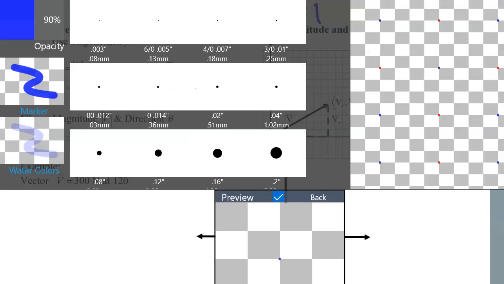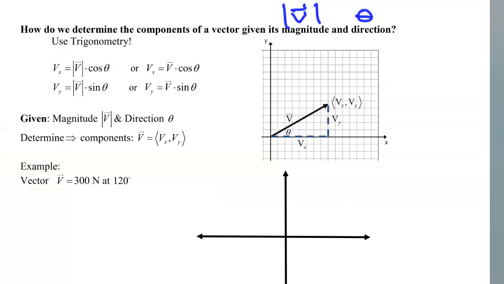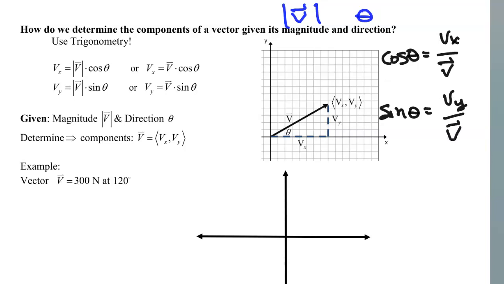Well, if we look at our picture, by trigonometry, cosine theta is equal to adjacent over hypotenuse, or from this picture, the x component over the vector. And sine of theta, sine is opposite over hypotenuse, which is the y component over the vector.